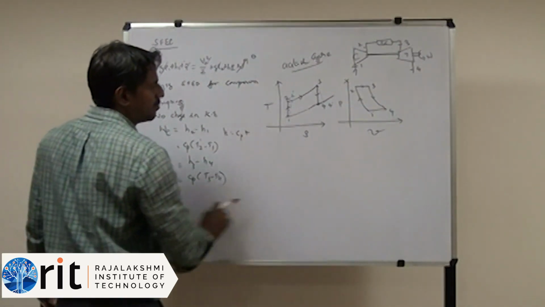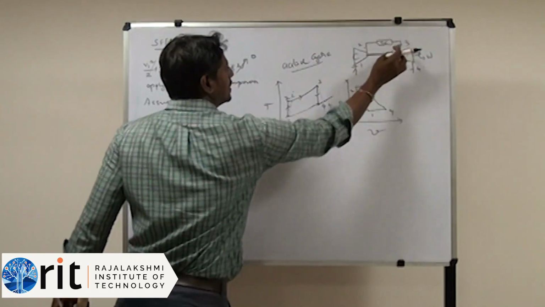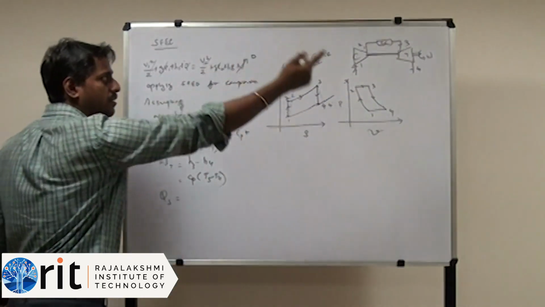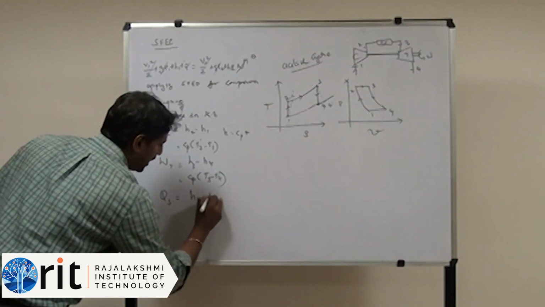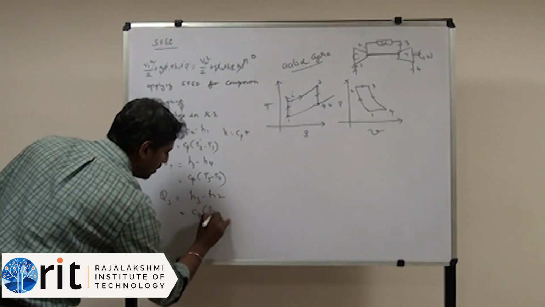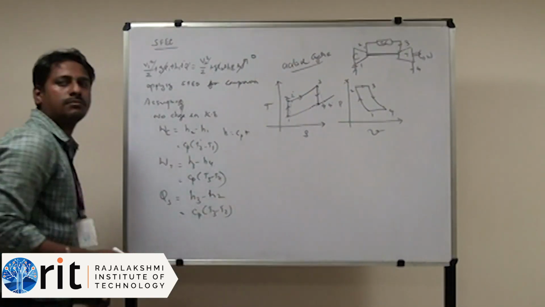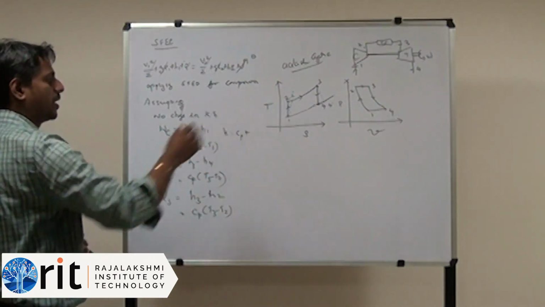So Q, yes, heat supply, where it operates, the combustion chamber. It is operating between the second stage and the third stage, where the temperature will be high at the third stage. So we can write this equation as H3 minus H2, which will be equal to Cp into T3 minus T2. So the actual case is the same, Cp into T3 minus T2.